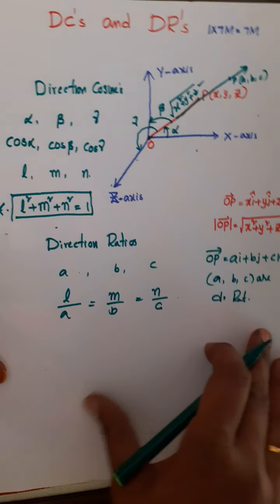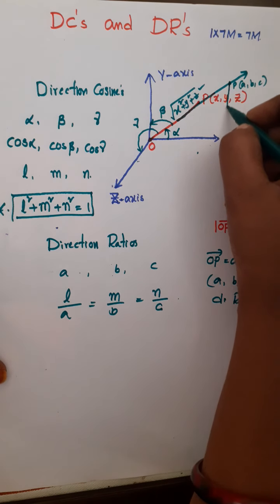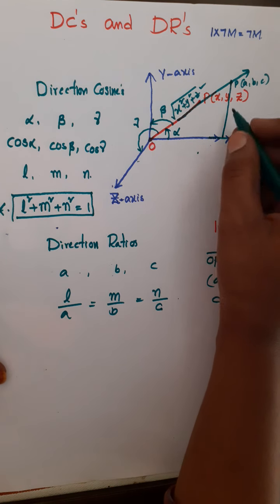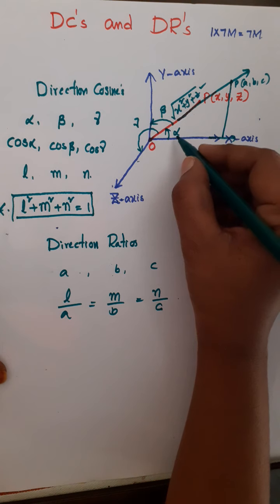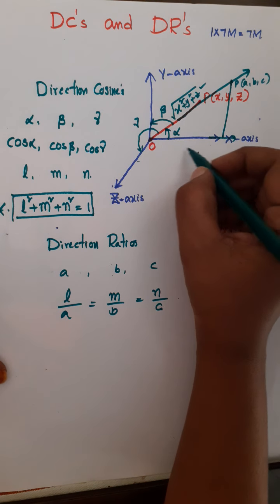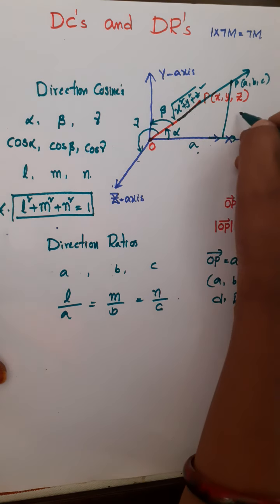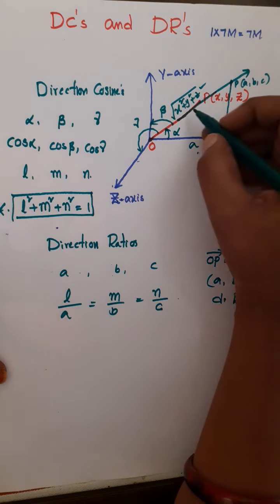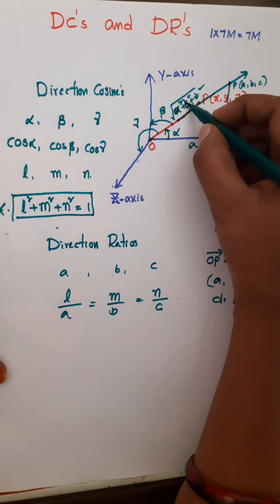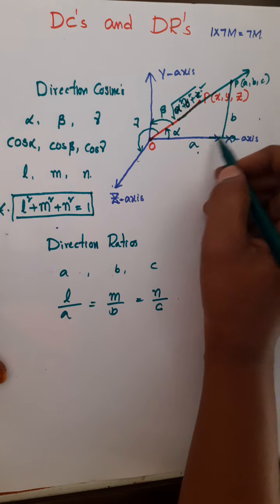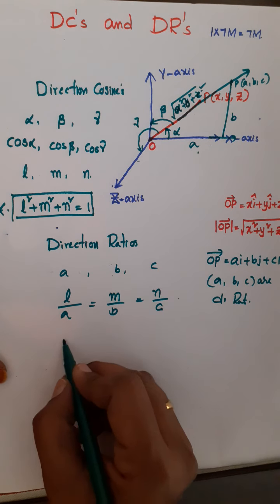How can you find out? Suppose this is a point P right here. You drop a perpendicular here. I am considering angle alpha. On the x-axis the length is A, and this length is B, and here the length becomes under root of A square plus B square plus C square. From the right angle triangle, what will be cos alpha?